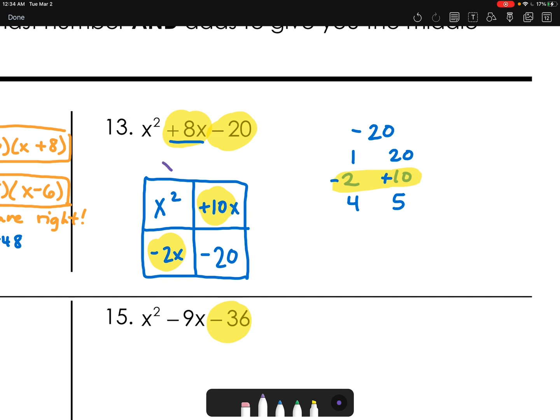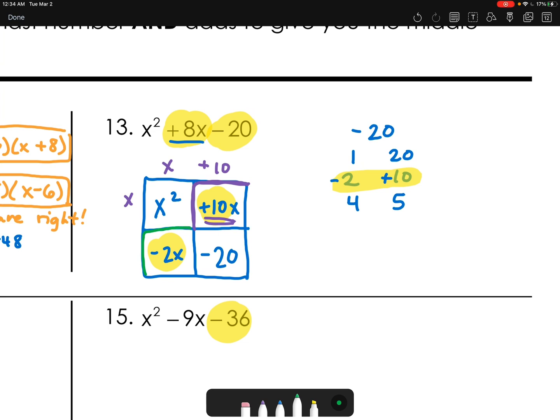So now I need to figure out what goes on my edges. So x and x go here, because this square is x squared. And then I can think what multiplies by x to give me 10x. Well, this needs to be plus 10, so that when they multiply in this square, I end up with 10x here.